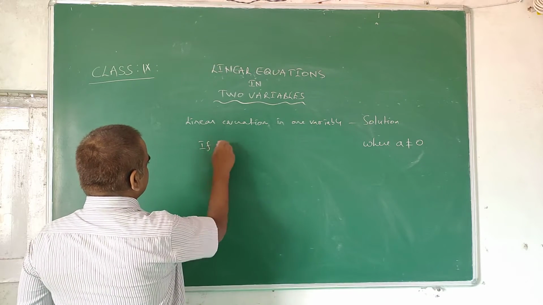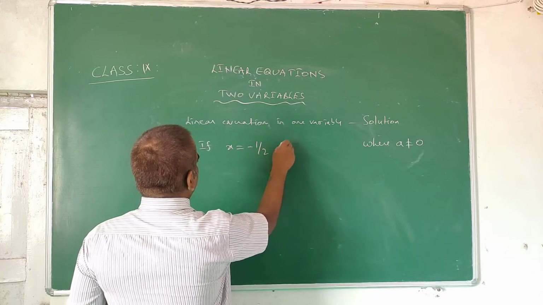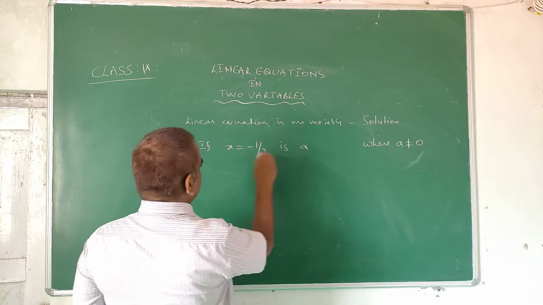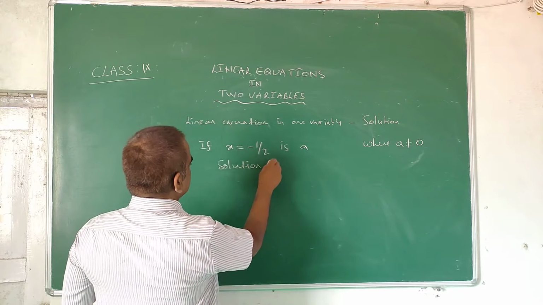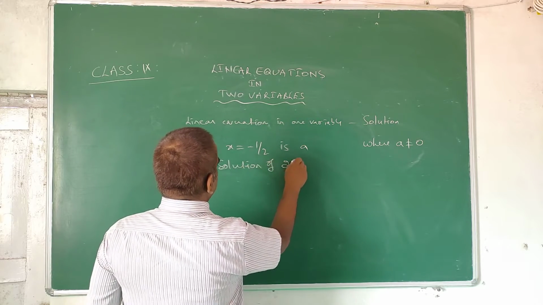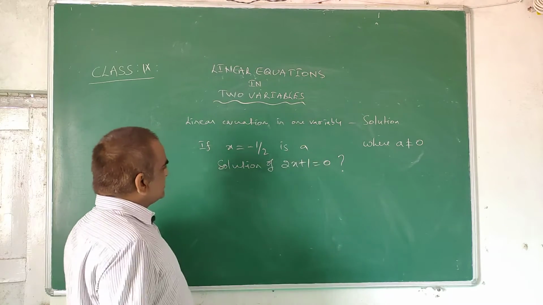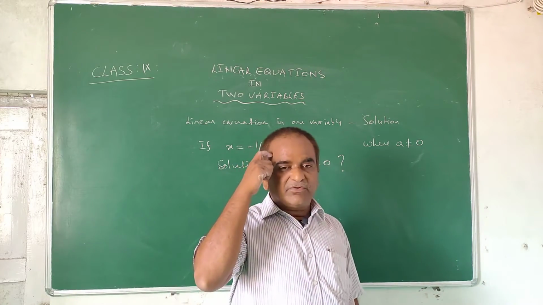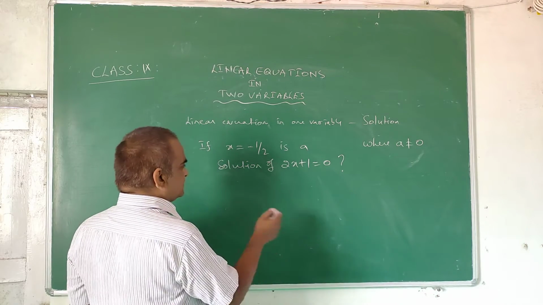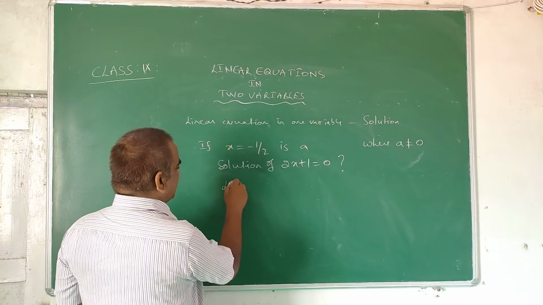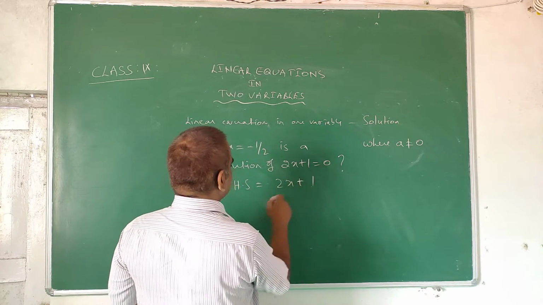Is x is equal to minus 1 by 2 a solution of 2x plus 1 is equal to 0? So this is a question. Now take LHS is equal to 2x plus 1.